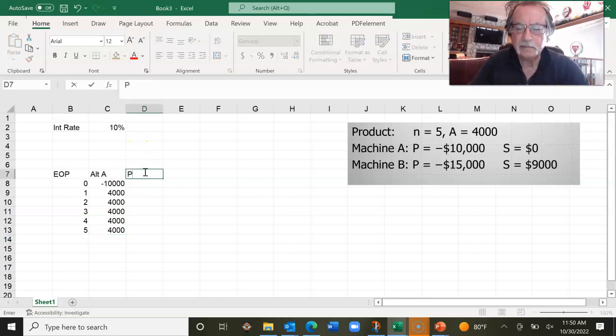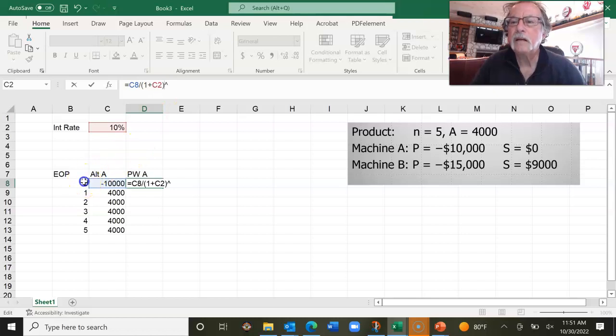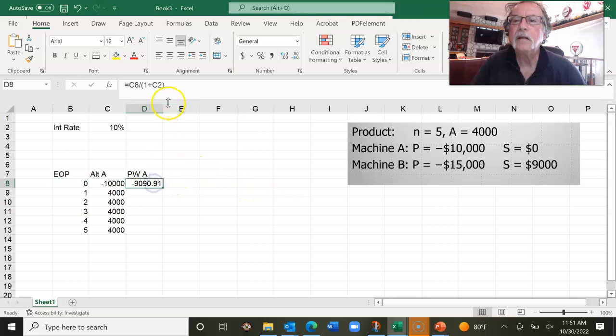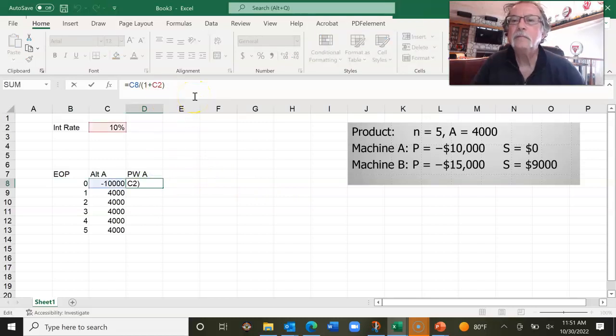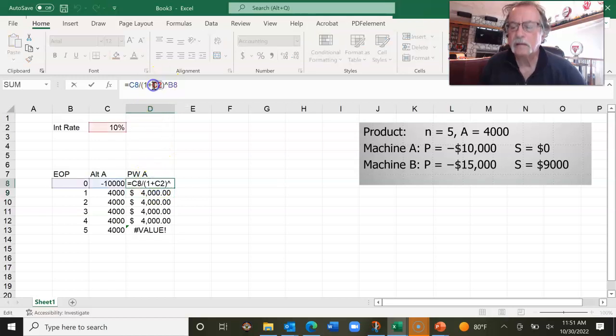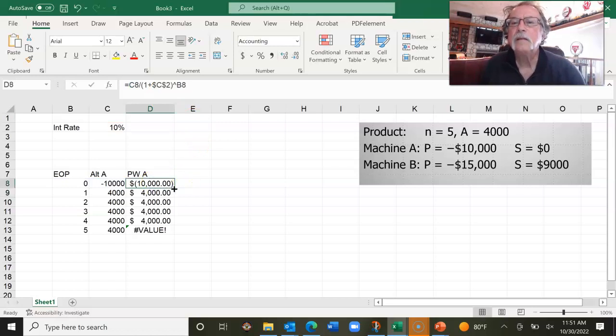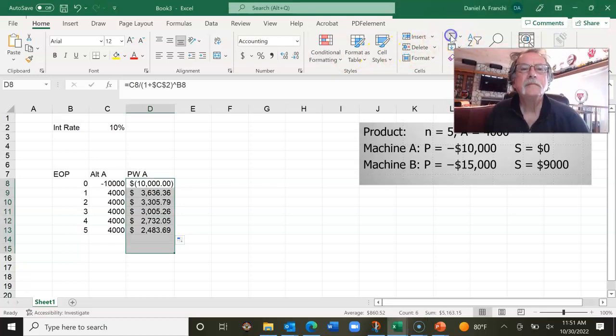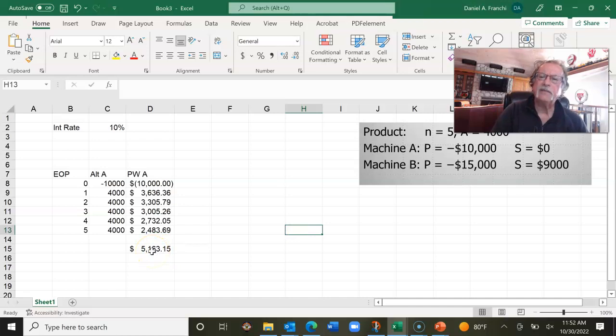And the present worth of alternative A is going to be P equals F over (1 plus i) to the N. Let's get that right. Okay, so at 10%, the present worth of A is $5,163.